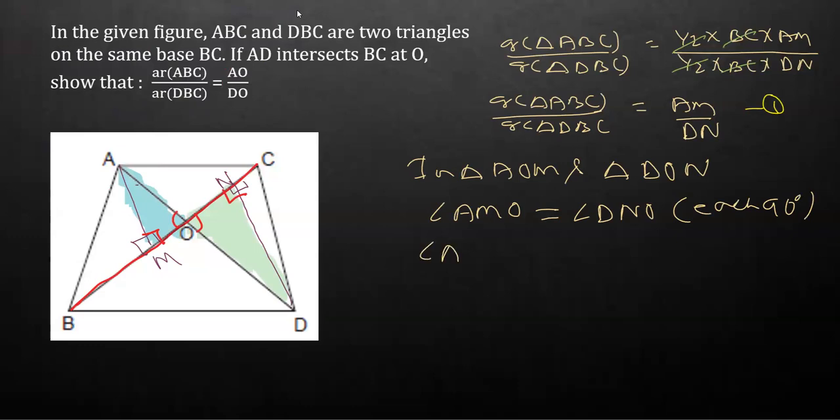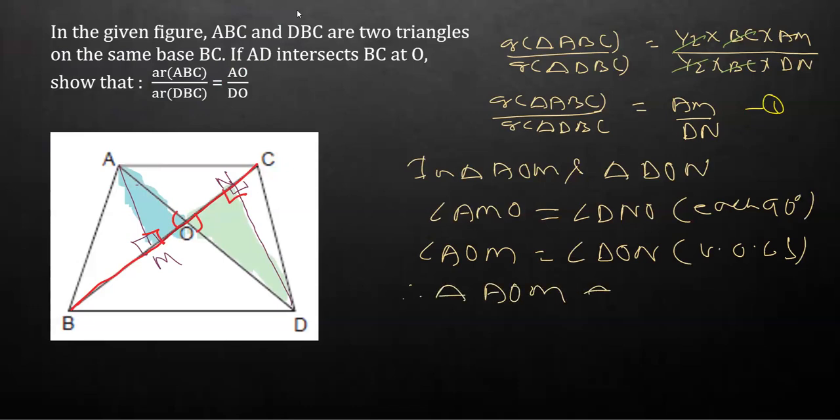And the other one, as I said, is vertically opposite angles. Angle AOM is equal to angle DON, by vertically opposite angles. So therefore, triangle AOM is similar to triangle DON, by AA similarity.